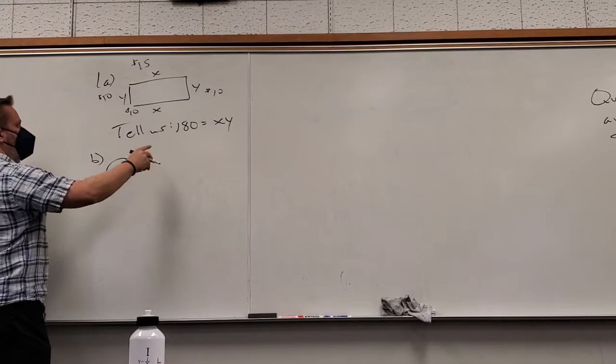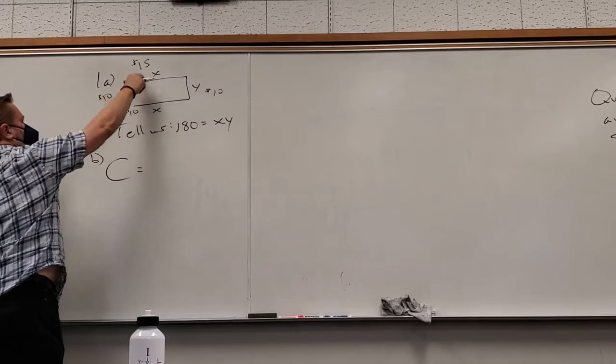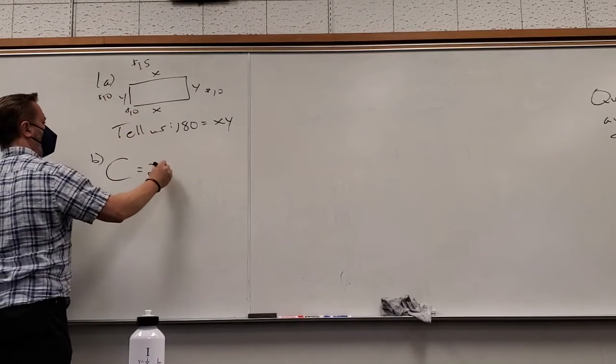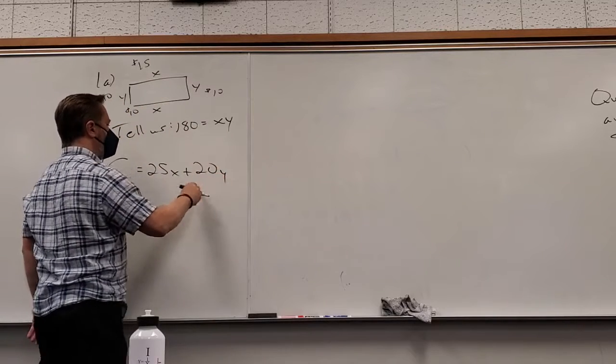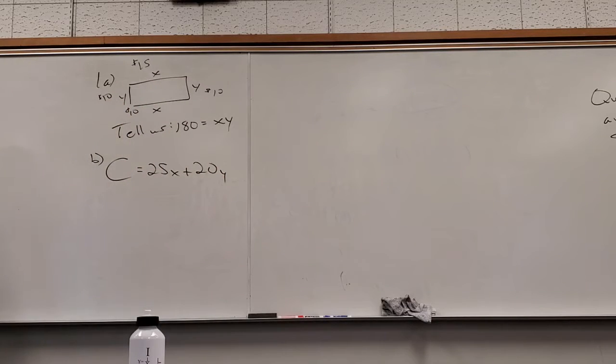And what will the cost equation be? 25x plus 21. There you go. So you got to make sure that the equation you're going to take derivatives of, in this case, is a cost equation because I'm trying to find the minimum cost. You wouldn't do the perimeter and start doing derivatives. It didn't say minimum perimeter.